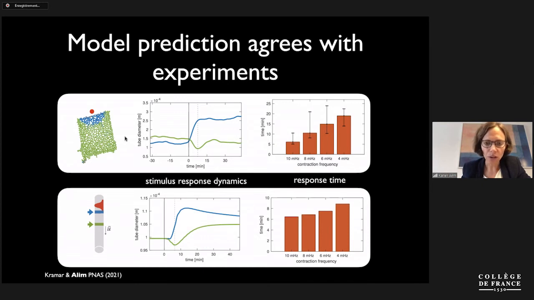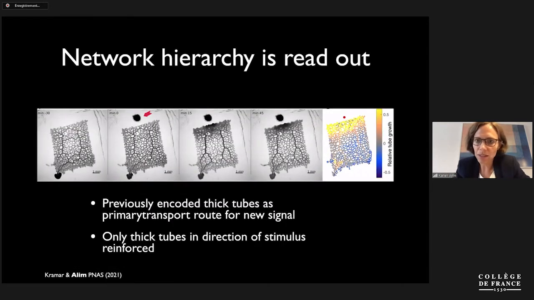And so now this brings us to the question, does this constitute memory? If you have memory, then it should be something that is also being read out and influences the response of the organism when it's facing another challenge.